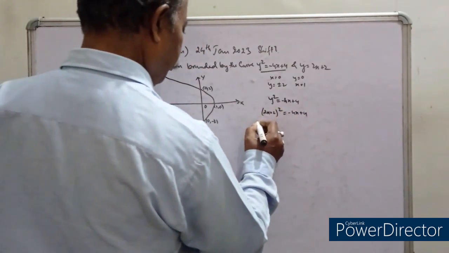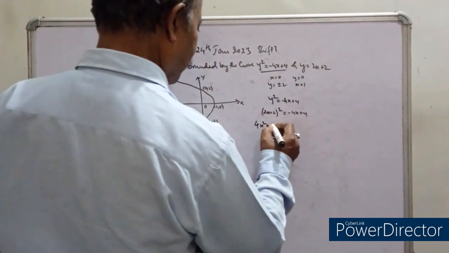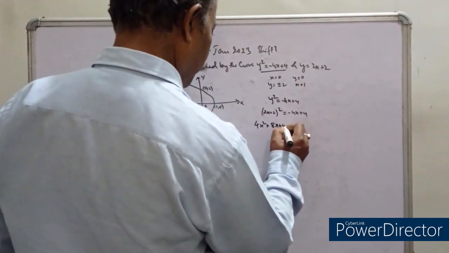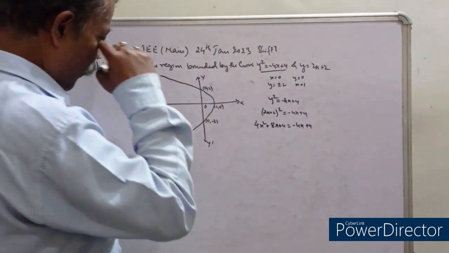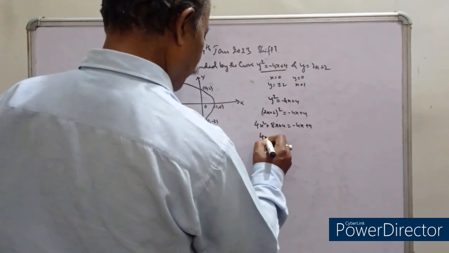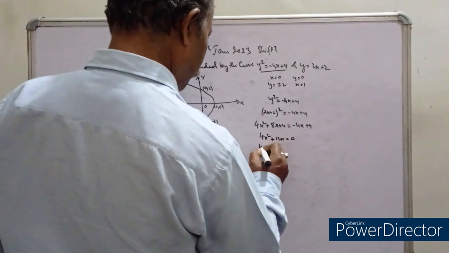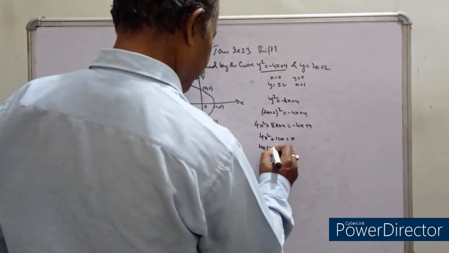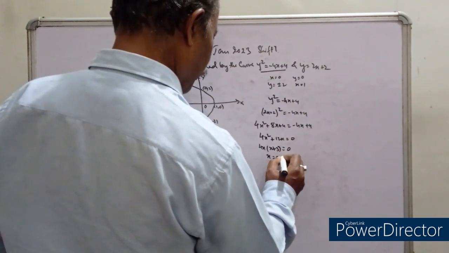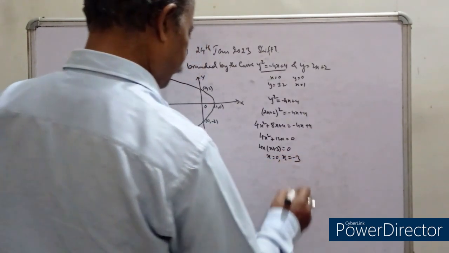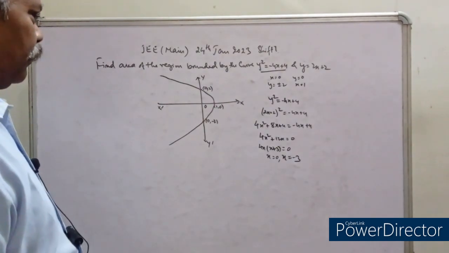So this will be 4x square plus 8x plus 4 is equal to minus 4x plus 4. 4 cancels out. So this will be 4x square plus 12x is equal to 0. So this will be 4x common, x plus 3 is equal to 0. So this will be x equal to 0 and x equal to minus 3.